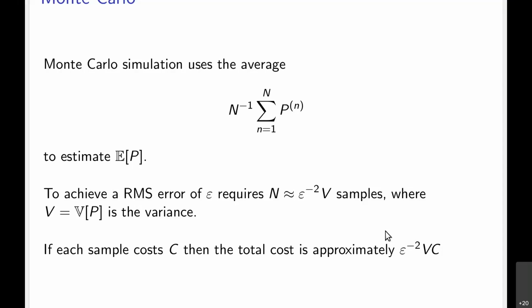And to get a root mean square accuracy of epsilon requires that you use a number of samples of the order of epsilon to the minus 2 times the variance of a single sample. And so if each sample has a cost of c, then the total computational cost is approximately epsilon to the minus 2 v times c.